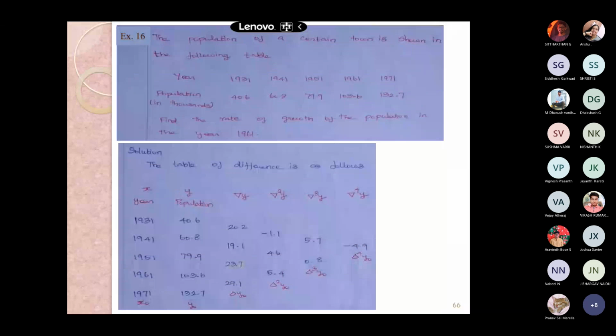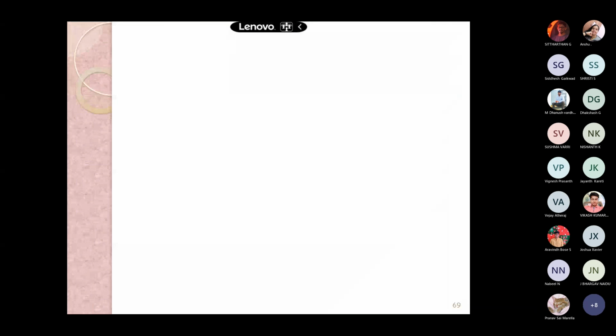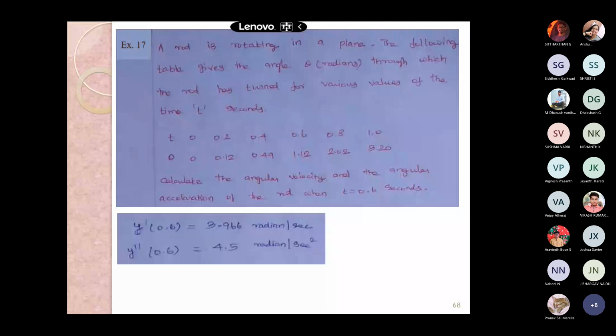One thing here is that we need not construct the difference table, since the t required for the angular velocity and angular acceleration is already given in the table, so we can consider the given theta and proceed with that. So these are the results.